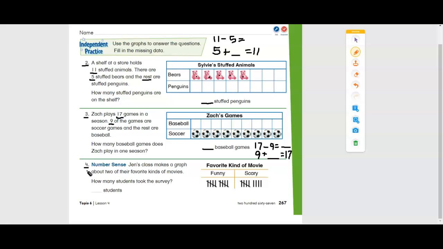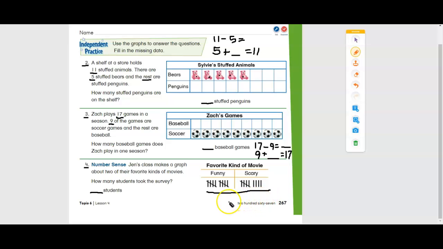For number 4, it says Jen's class makes a graph about 2 of their favorite kinds of movies. How many students took the survey? Blank students. For number 4, it wants you to add the total number of students that took this survey.